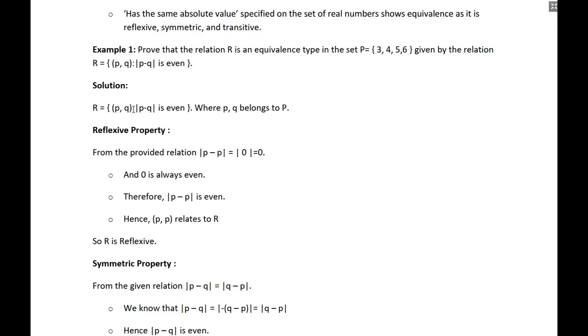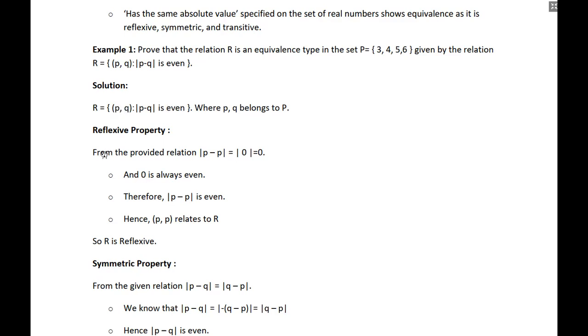Let R be the set of (P, Q) such that P minus Q is even, where P, Q belong to P. In this way, if P minus Q is even, then we can say that P is related to Q.